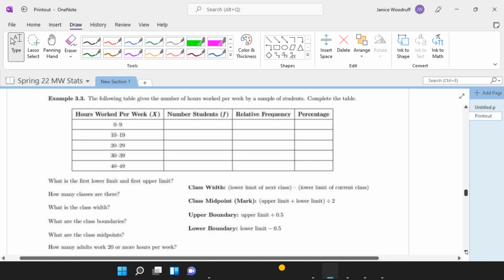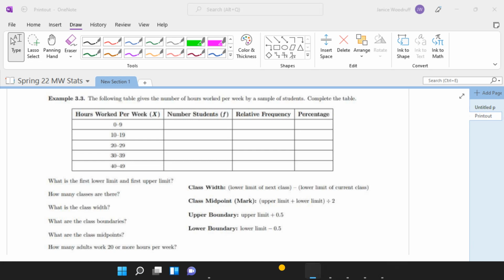This is the number of hours worked per week by a sample of students. Now, in this one, the number of hours has more than one number in each category. So we're grouping it.